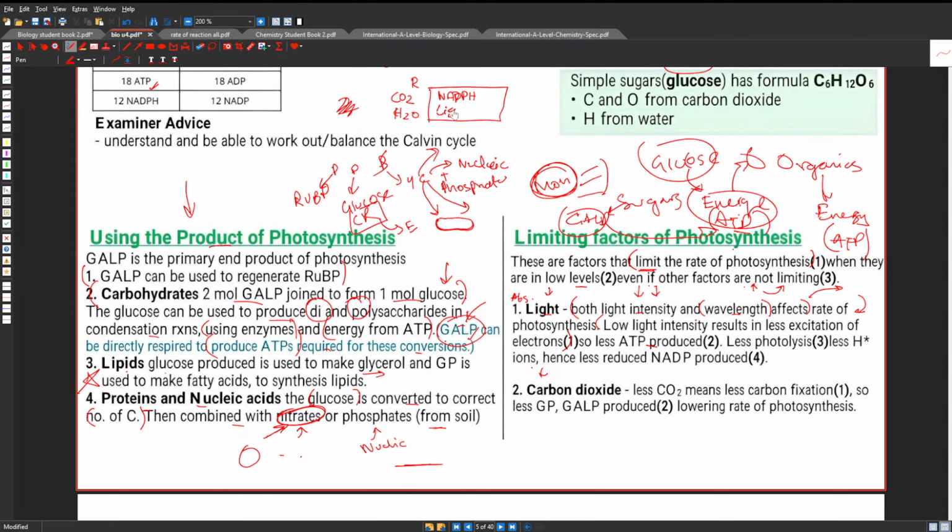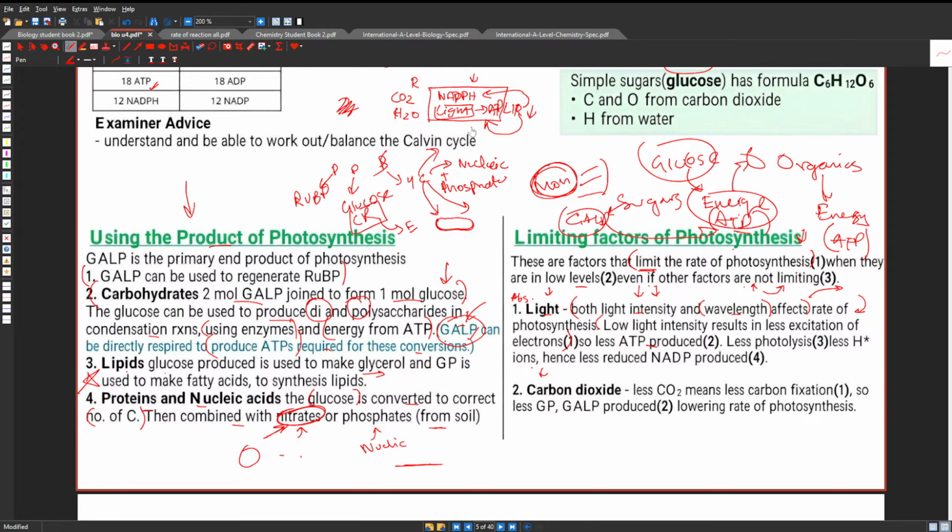Light is an important reactant, because LIR reactions depend on the NADPH and the ATP formed from the light reactions. If these are lacking, LIR will be lacking, which means that photosynthesis will be lacking.